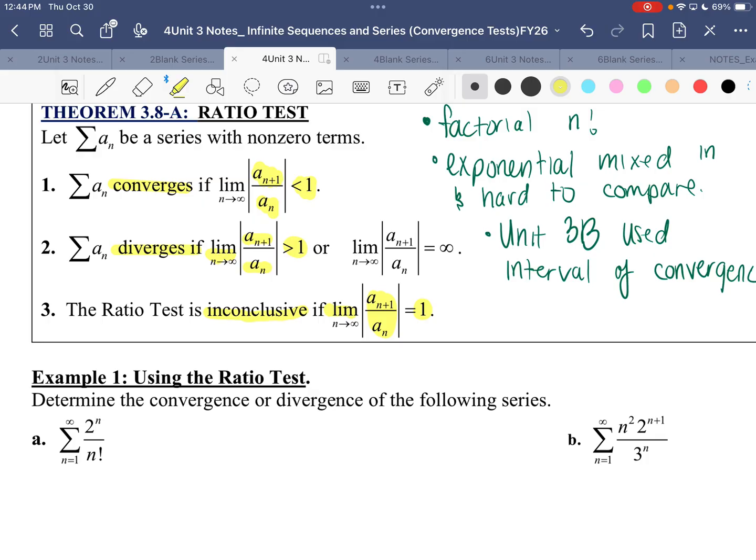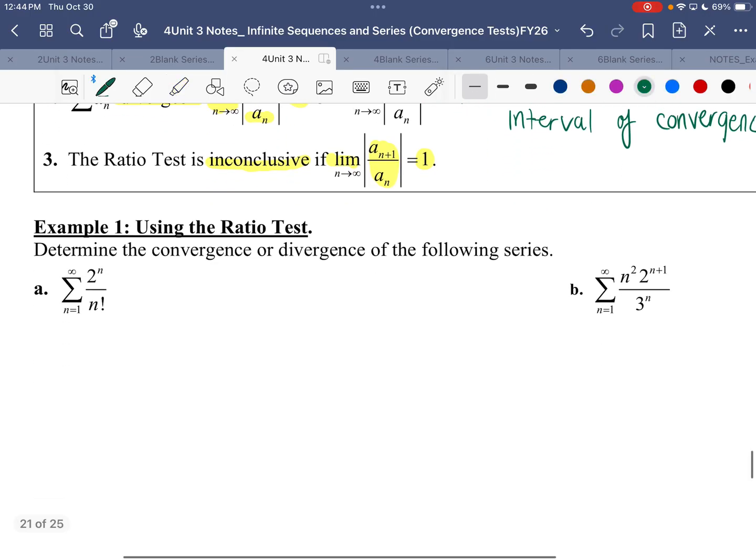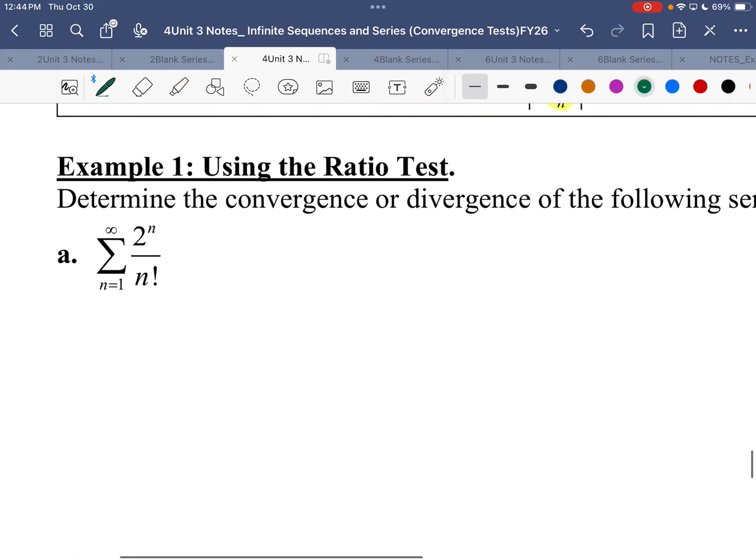All right, so doing the ratio test. We take the limit. It's absolute value too, by the way. We're doing the limit of a sub n plus 1 over a sub n.